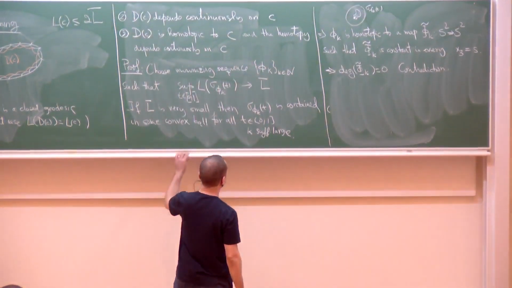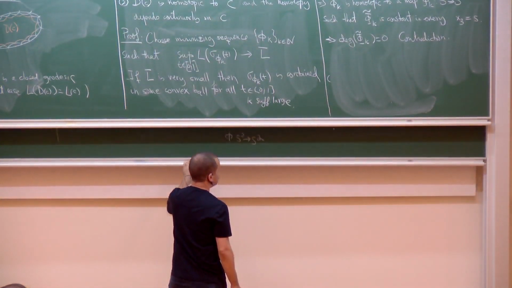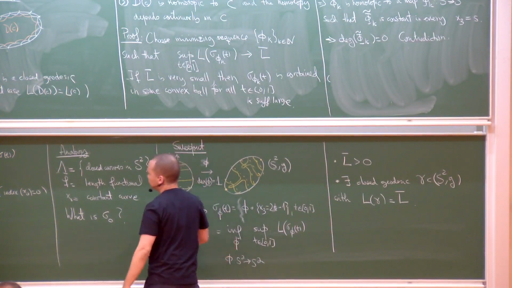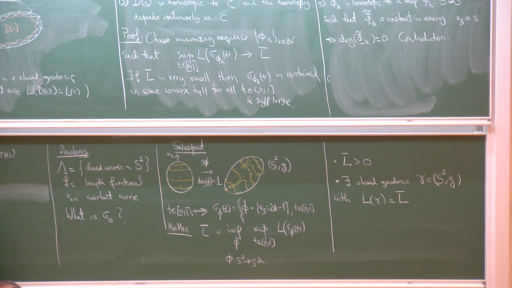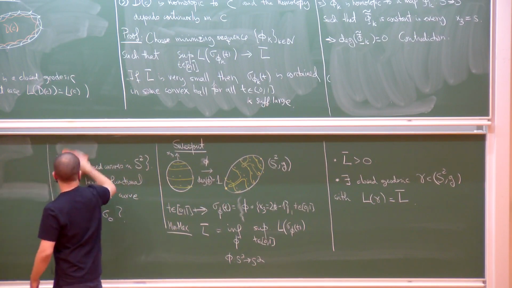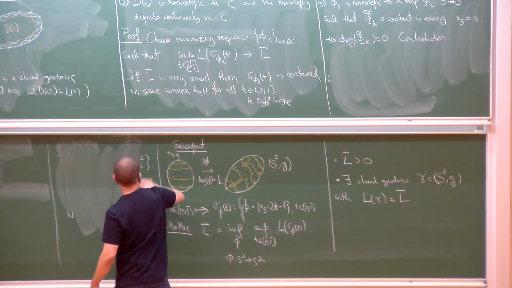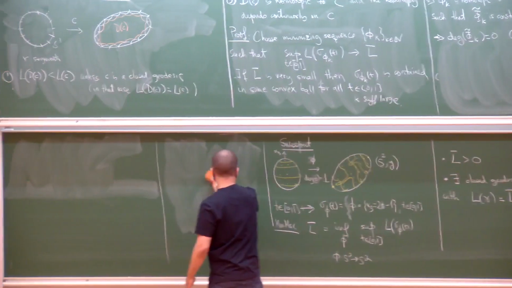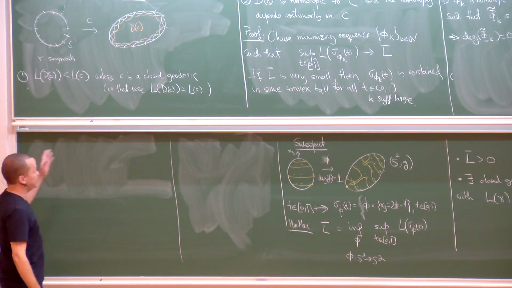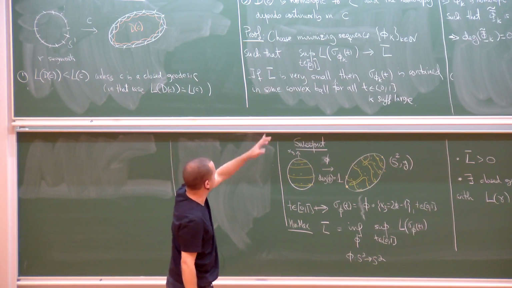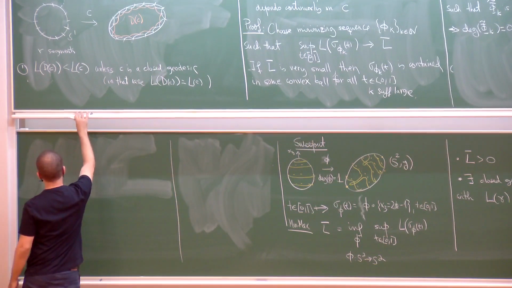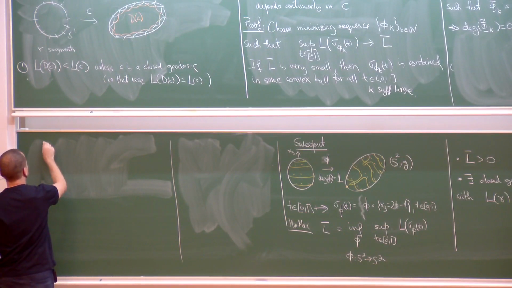So now I have to show that it's achieved as the length of a closed geodesic. So what I do is I have my minimizing sequence phi k, and I have my curve shortening map D. Now I consider the new family.